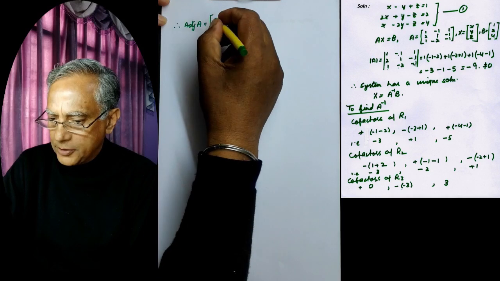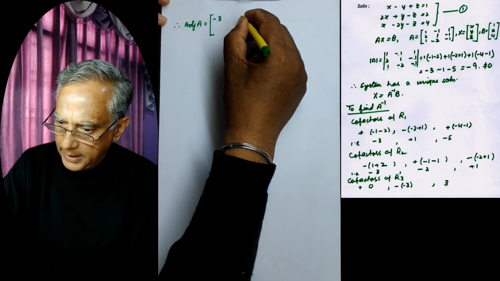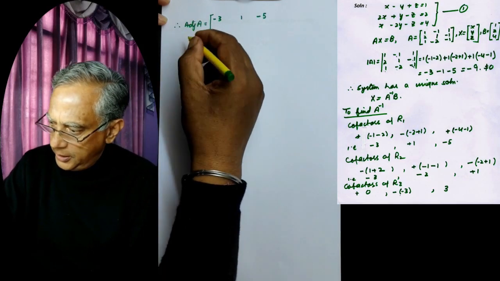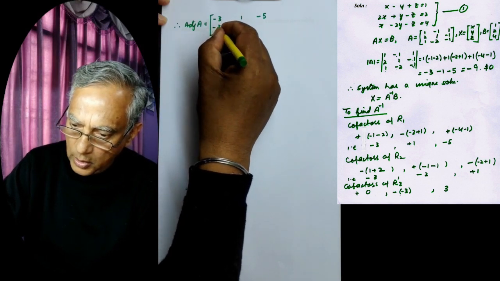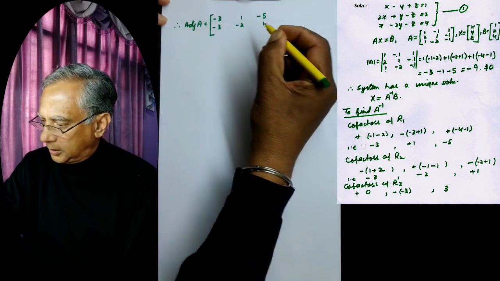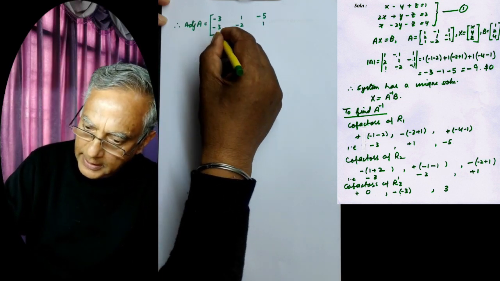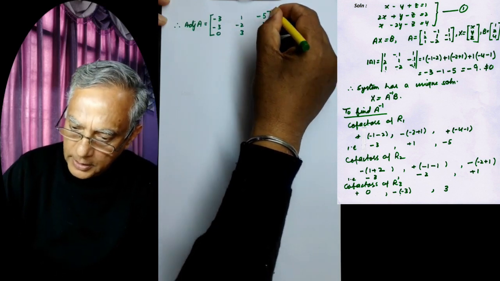So first row of adjoint of A will be minus 3, 1, minus 5. Second row will be minus 3, minus 2 and 1. And third row will be 0, 3, 3. And take the transpose.